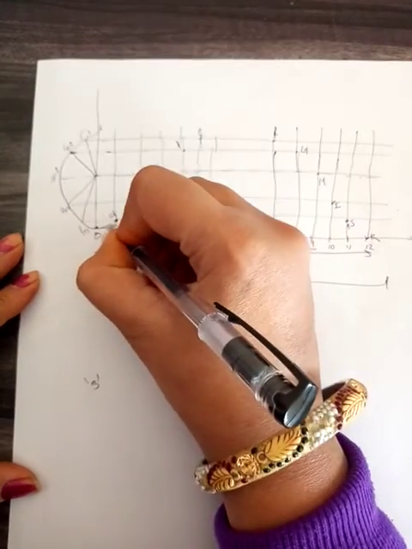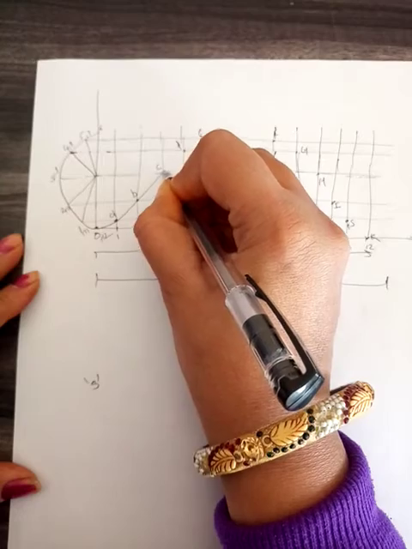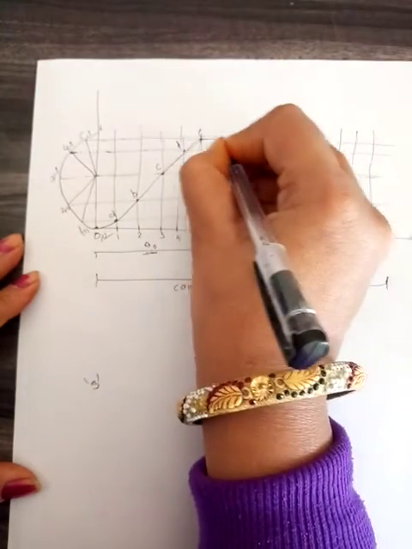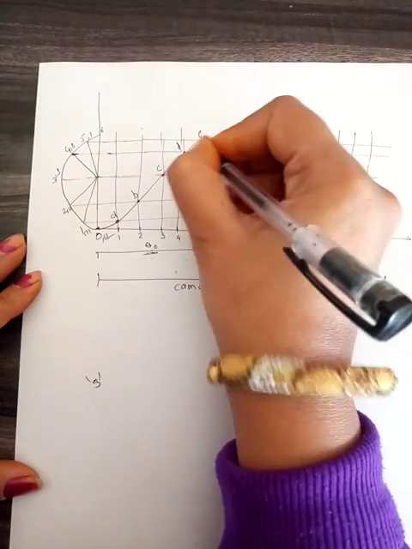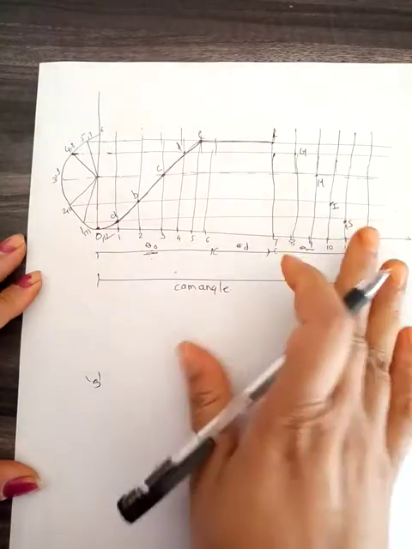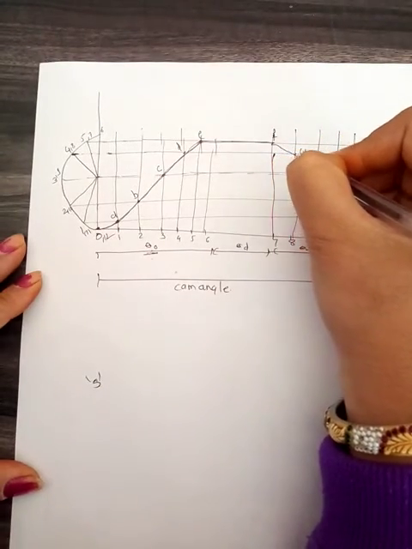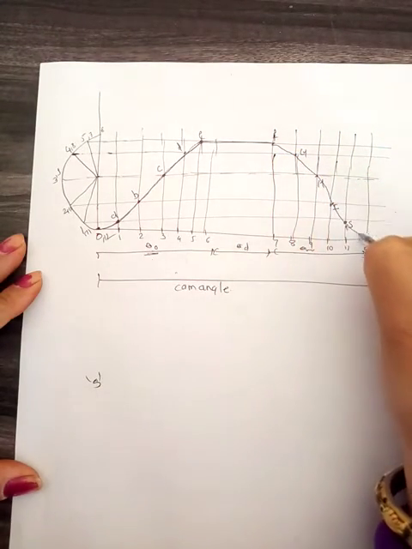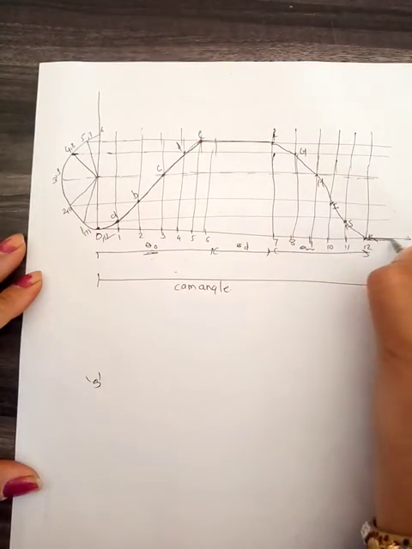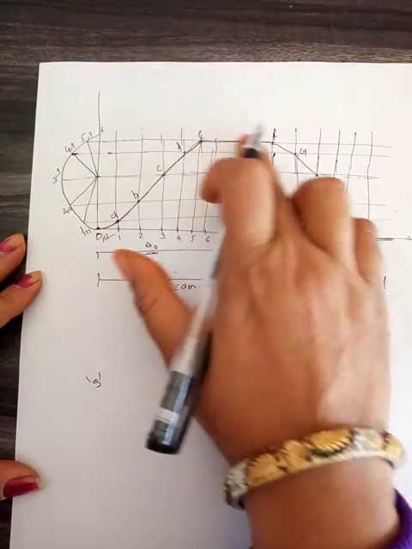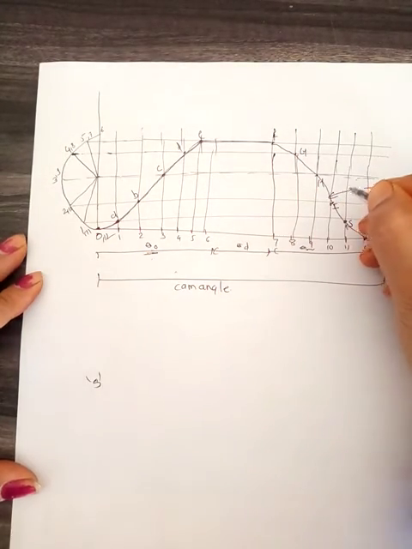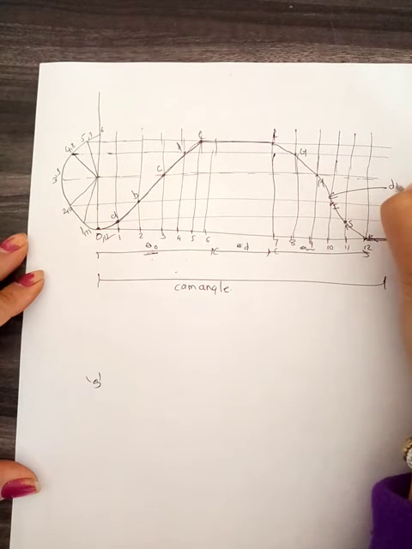Then join this curve like this, and again join this line. This curve is known as the displacement diagram.